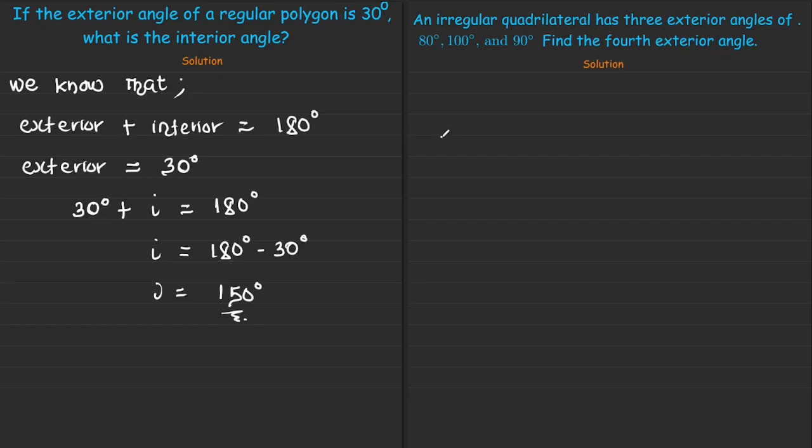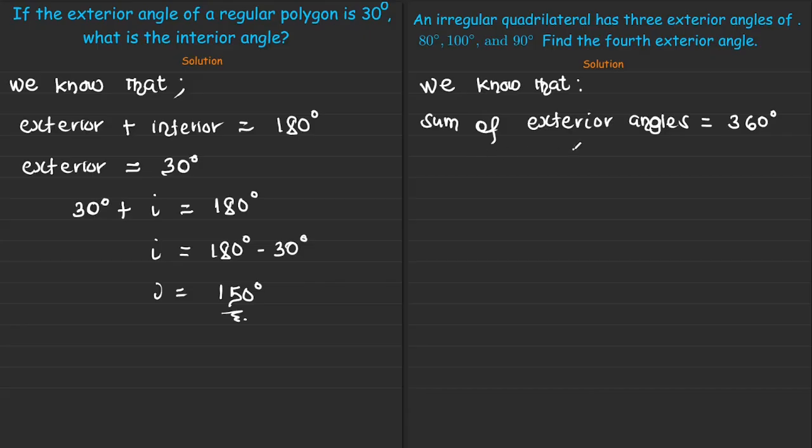Now we know that assuming we have the fourth one, the sum of all these four should give you 360 degrees. That is the sum of the exterior angles. So we can write something down. The sum of exterior angles is equal to 360 degrees. Now what are the exterior angles we have? We have 80, 100, and 90.